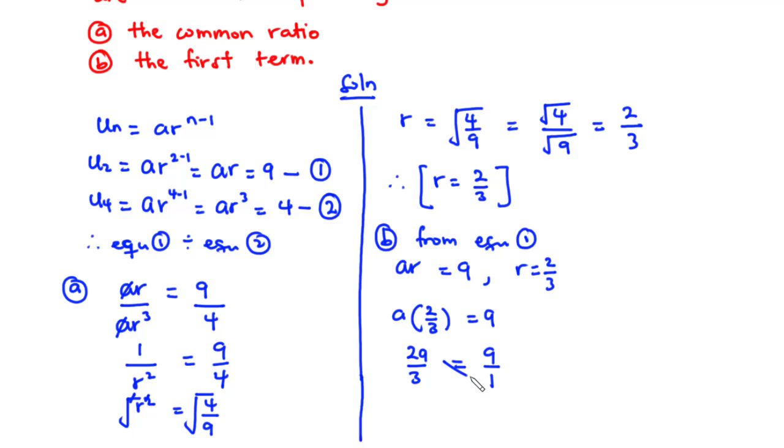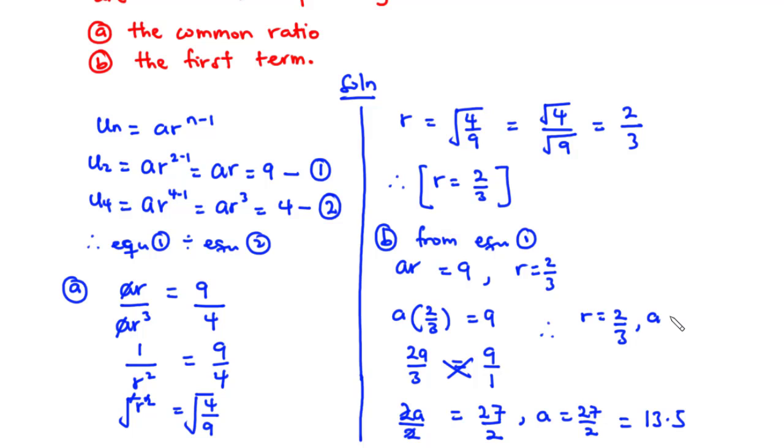Now we cross multiply, and then we have 2a equals 27. And then we divide through by 2 so that we have a to be 27 over 2, which is the same as 13.5. Therefore, we have r to be 2 over 3, and a, which is the first term, to be 13.5.